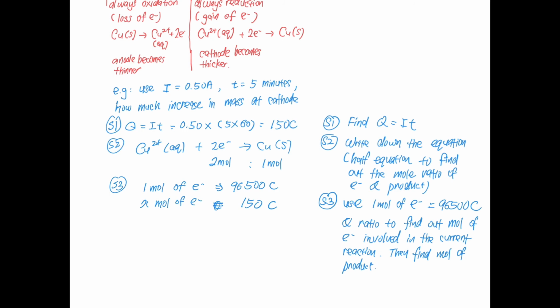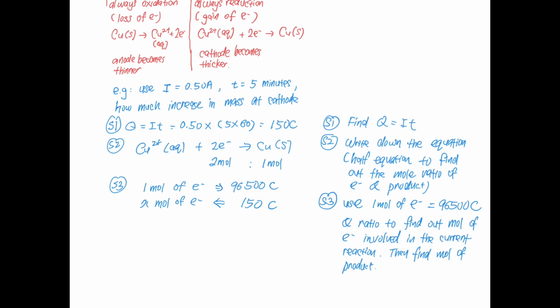So I draw it again. 150 coulomb is how many mole of electron. So what to do here? You see the step that I wrote here: use 1 mole of electron equal to 96500 coulomb and ratio to find out mole of electron involved in the current reaction.